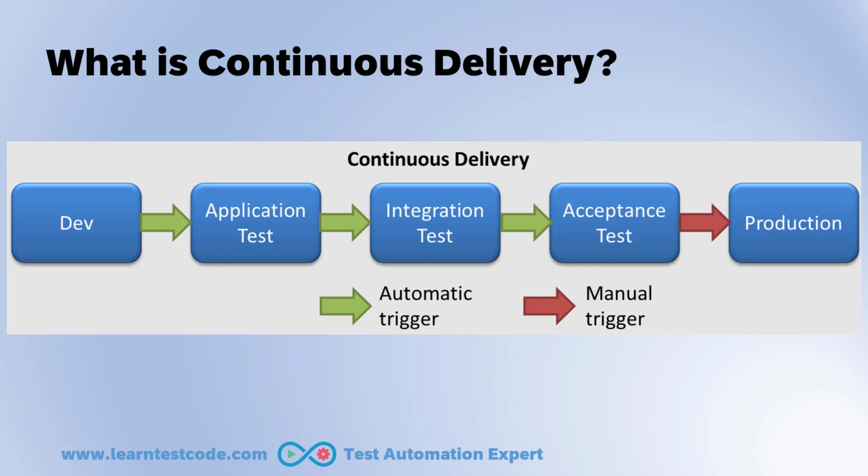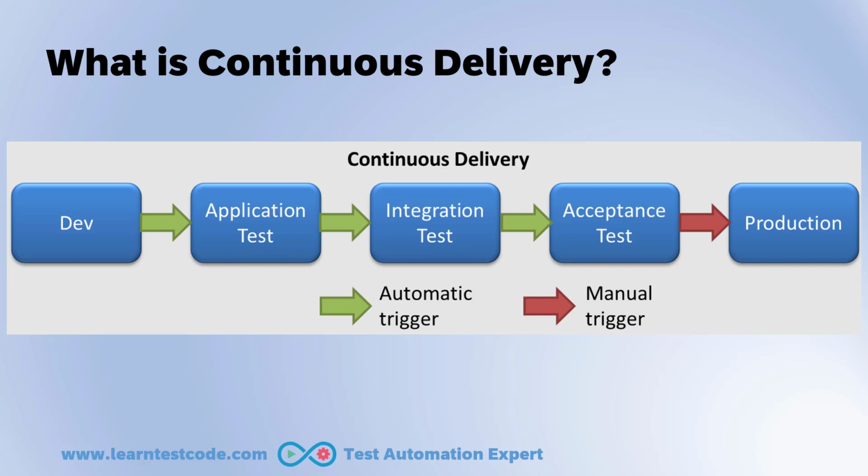Usually some business person or tester gives approval and says, okay, we ran some user acceptance tests, all those user acceptance tests have passed, or we had just minor issues, this deployment is ready to be deployed to the production.